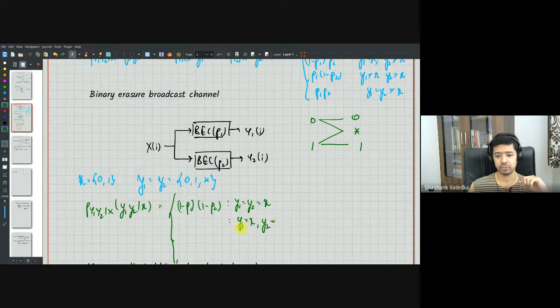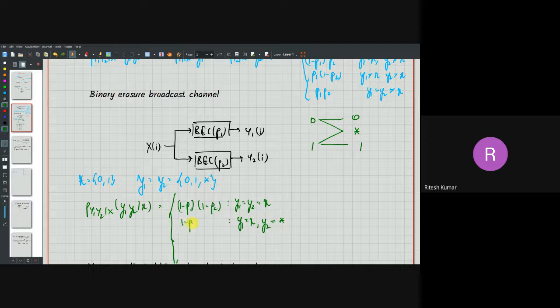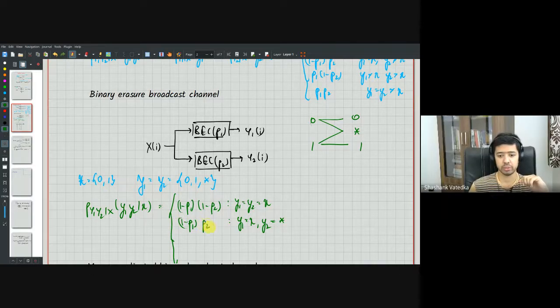So it can happen that y1 is equal to x, but y2 is an erasure. What is the probability of that happening? (1 minus p1) into p2. Similarly, y1 is an erasure and y2 is equal to x, which happens with probability p1 into (1 minus p2).